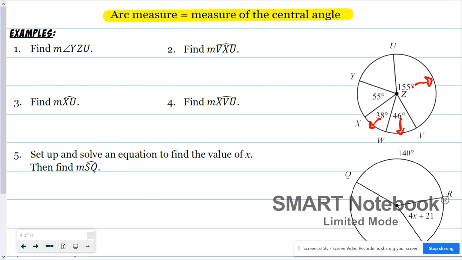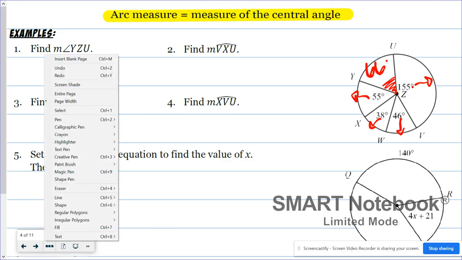Arc XW is 38, and arc XY is 55. Knowing all of that, what would be the measure of angle YZU? If we go 360 minus those four given central angles, we get the measure of YZU and its corresponding arc. Both are 66 degrees.